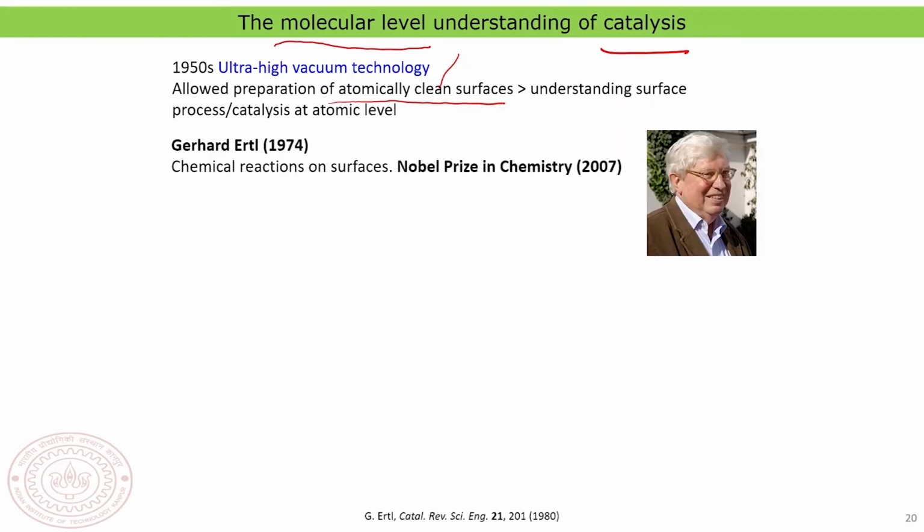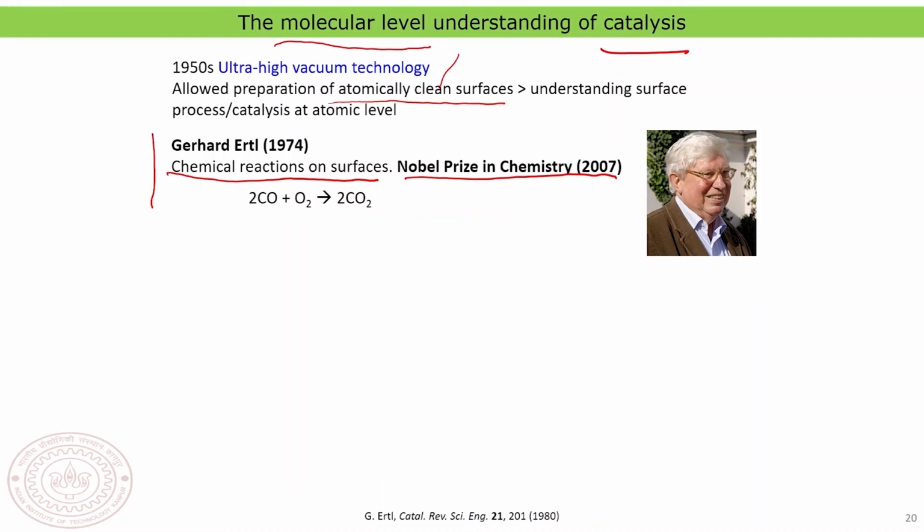And to that, Gerhard Ertl contributed, and in 1974 for his contribution. In 2017, he was awarded the Nobel Prize in Chemistry, and particularly you notice that he was awarded it for all his contribution in chemical reactions on surfaces. What he has done is taught us how the chemical reaction happens on the surface.